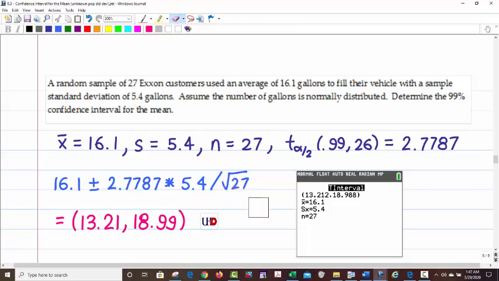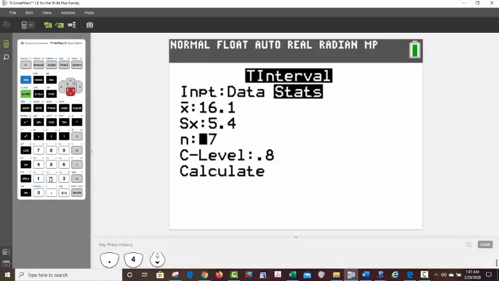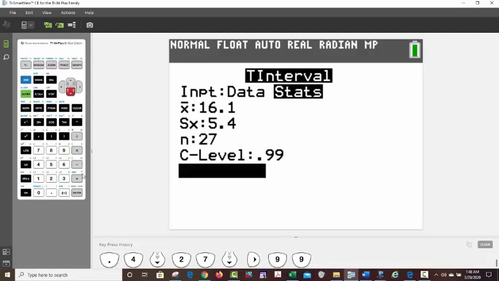Same thing with the calculator. You put in whatever n is. You don't put the degrees of freedom in here. So subtracting 1 is only for chart purposes, the critical value from the chart. I want to clarify that.